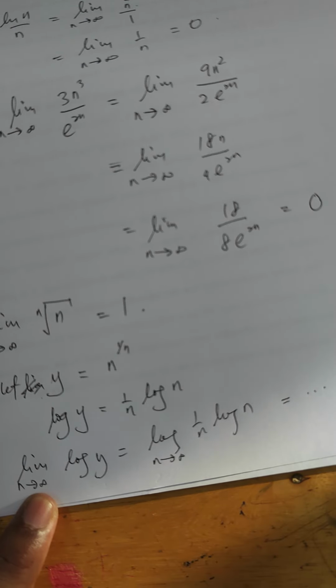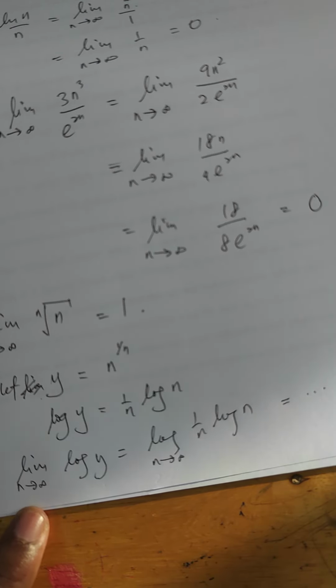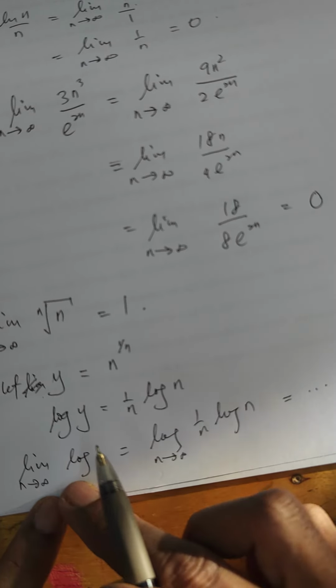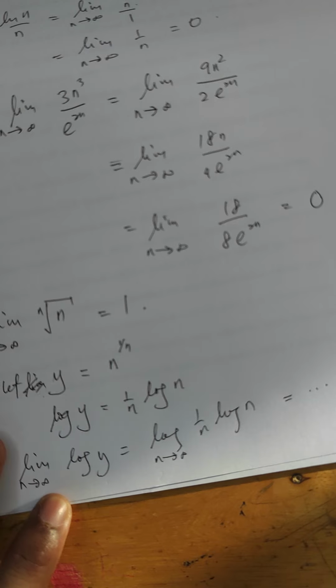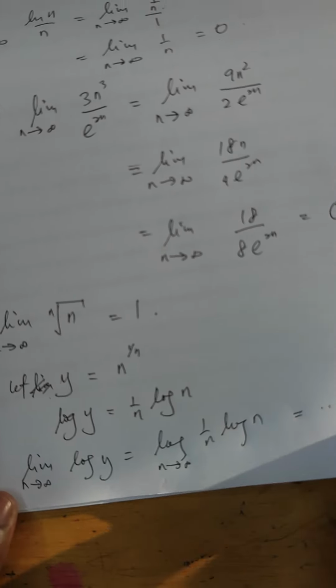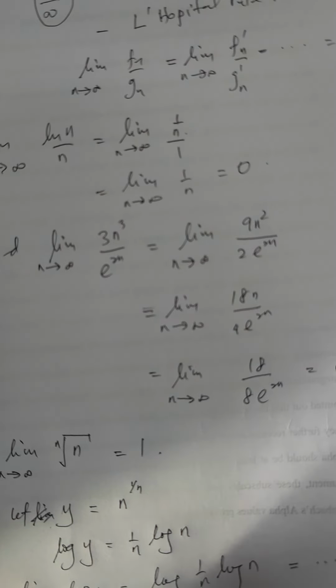Then you can show this is equal to 1. The limit of log y is not 1, this will give you 0, but then when we take the anti-log, that gives you 1. So that's a couple of examples that I can share with you.